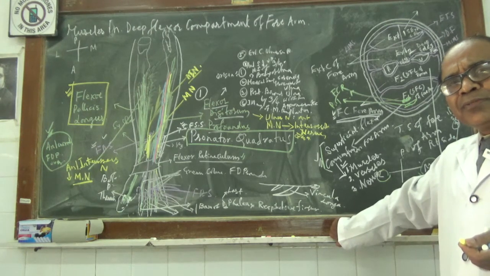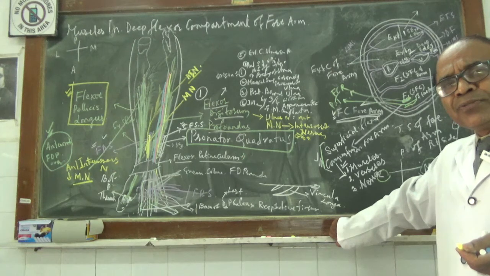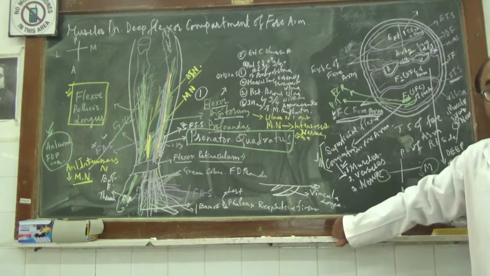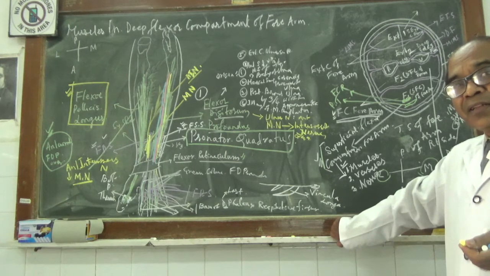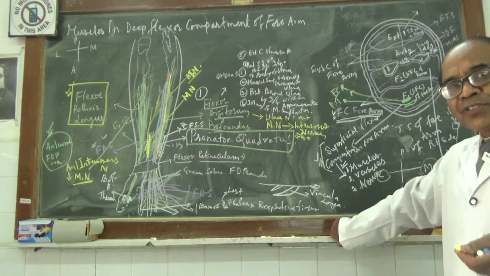While the medial part of the flexor digitorum profundus is supplied by the ulnar nerve, like it will be for flexor carpi ulnaris. So that is the thing you will be having.